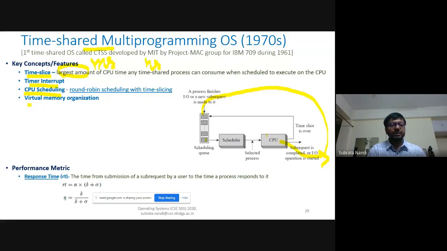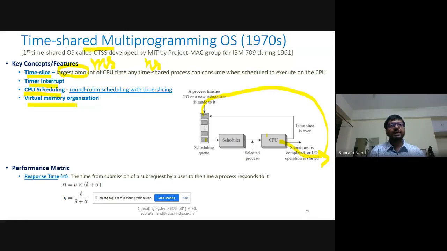Another important feature is virtual memory organization. Because the users are sitting and interacting, you don't know how many users will be logged into the system, and once they are logged in, they want their code to be executed. If you allow a particular user to load its entire program, it will eat up a lot of RAM space.